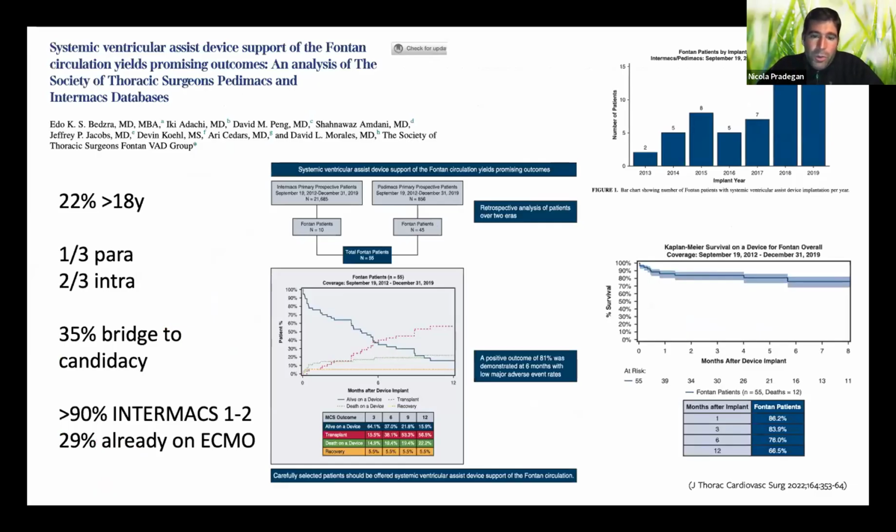But if we look at the preliminary results of both paracorporeal and intracorporeal devices, you see that in this study from the STS with both Intermacs and Pedimacs data, we just reached the 1-year follow-up, and even if results are promising with an increasing number of VADs implanted, what is worse is the fact that more than 90% of patients were crashing, Intermacs 1-2, with 29% of them already on ECMO, and probably we can do better in terms of referral of these patients.